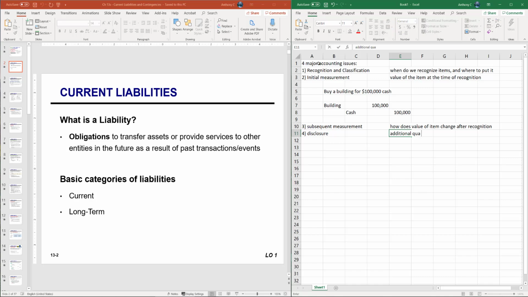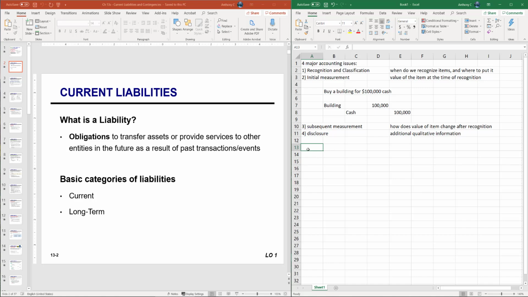So I'll just call this additional qualitative information, where we're just disclosing some accounting method and so on about the item. All right, so as we go through this chapter, everything we cover deals with one of these four items essentially. Right, so I'm telling you this now so you don't get too lost in the details. You can take this framework and apply it to everything we learn in this class.